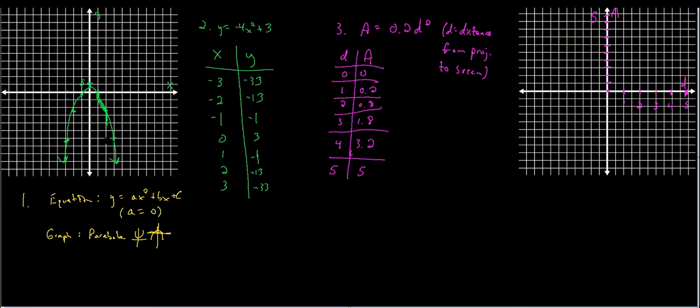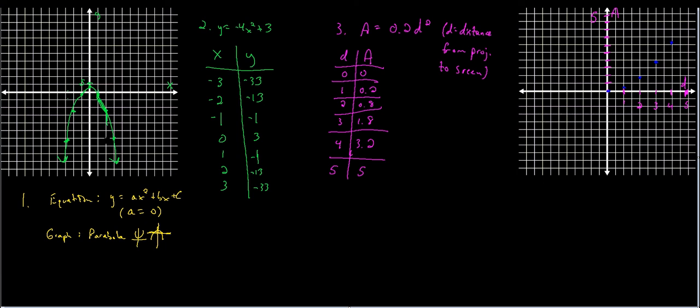Why don't I go ahead and make these points a different color? At 0, we are at 0. At 1, we are at 0.2. So if this is 1/2, which is 0.5, 0.2 is going to be right about here. 2, we're at 0.8, which is going to be right about here. 3, we're at 1.8, which is going to be right about here. 4, we are at 3.2, which is going to be right about here.